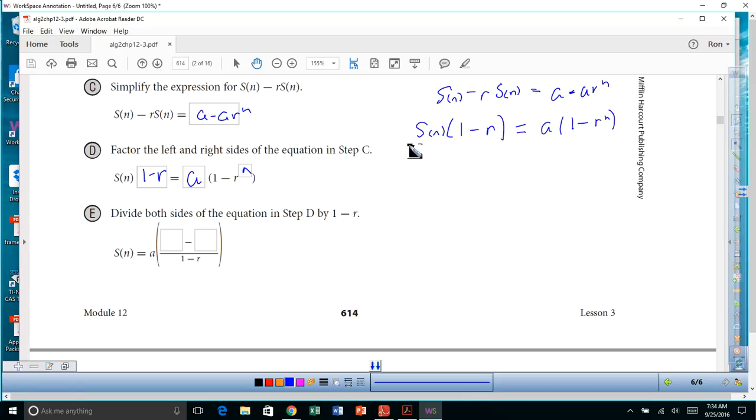Okay, now they're going to divide both sides by 1 minus r, and they get s of n equals a times 1 minus r to the n, over 1 minus r. So that's what they really did, and that's how they end up with 1 minus r to the n. Pretty neat, isn't it?